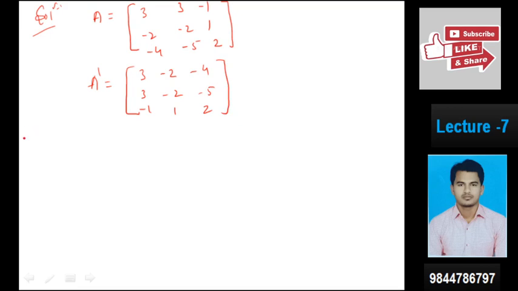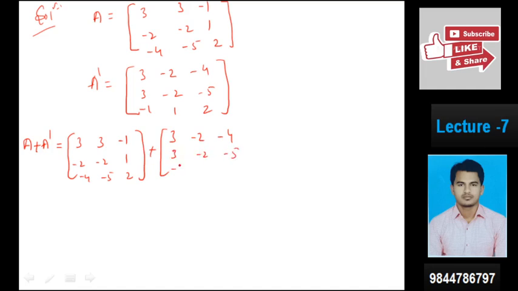The first thing is to find the symmetric condition, A plus A dash. A means what here? 3 3 minus 1, minus 2 minus 2 1, minus 4 minus 5 2, plus A transpose: 3 minus 2 minus 4, 3 minus 2 minus 5, minus 1 1 and 2.